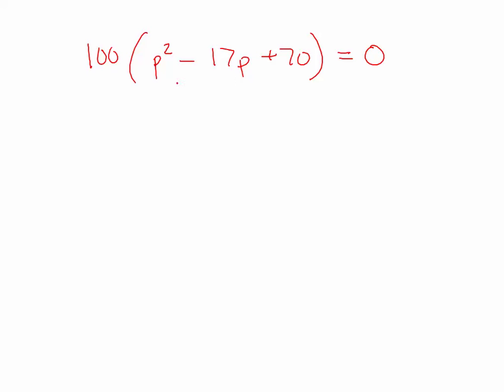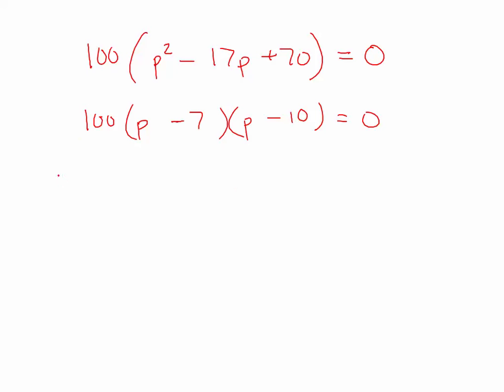Then we're going to factor this down. Two numbers that multiply to 70 and add to negative 17. Anybody? Negative 7, negative 10 would do the trick. And again, you could do it the long way.